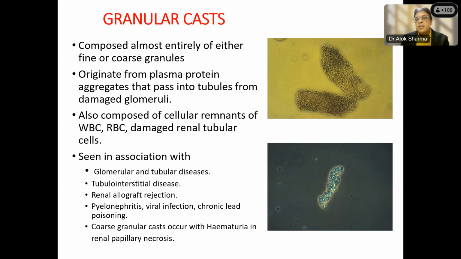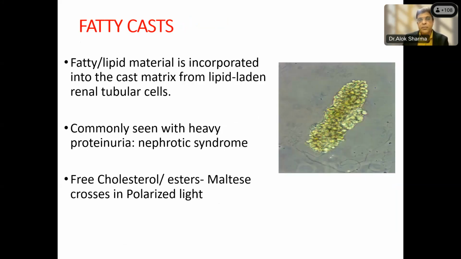So you don't see the cellular elements themselves, but you see remnants of their cytoplasm. They constitute the granular cast, and they have a wide etiology. They can be seen in glomerular disease, tubular disease. So they're not very specific, but they do tell you that a lot of inflammation and degradation and damage is going on in the entire urinary tract as well as the renal parenchyma. From that point of view, they are very important to be recognized.